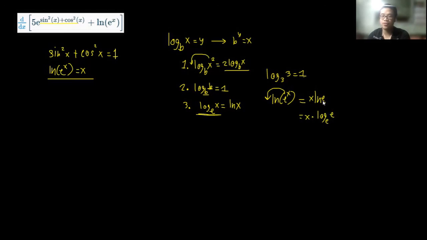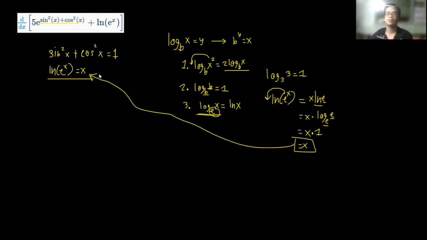Here is the argument, and the base of the natural logarithm is e. And now last but not least, since your base and your argument are equal, that means this is equal to 1. So this is x times 1. So you have x. And there we go. That's it. So we can erase it.